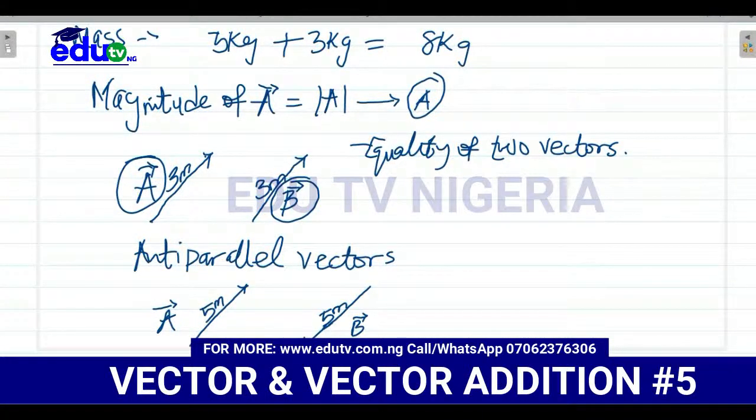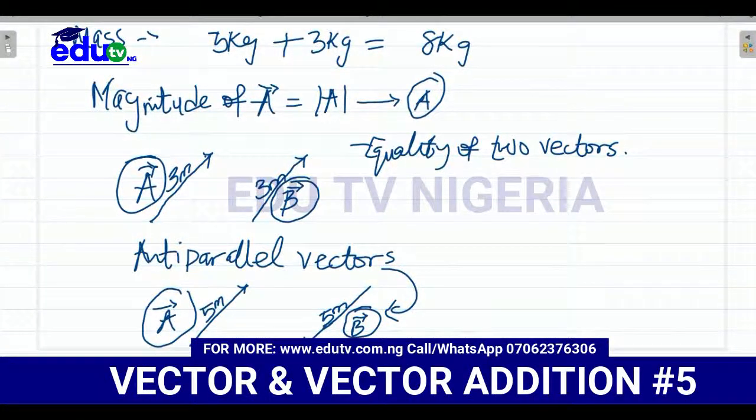These two vectors have the same magnitude, but they are in opposite direction. This kind of vectors, we call antiparallel vectors. They have the same magnitude, but in opposite direction.